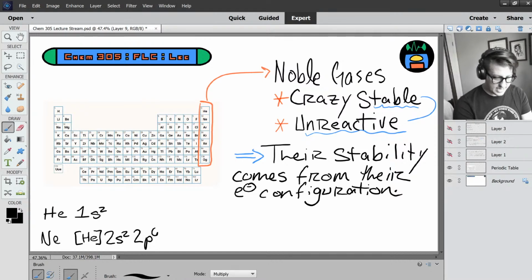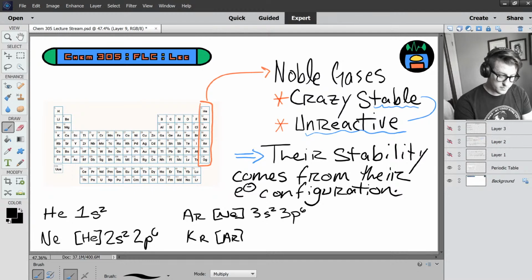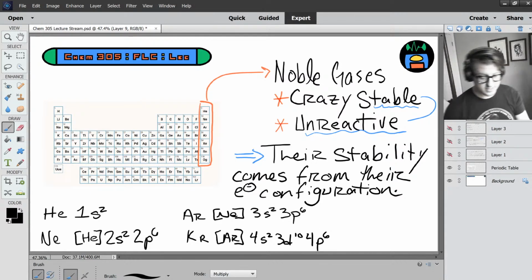If you look at argon, for example, we've got a neon core, and then it's 3s2, 3p6. If you look at krypton, we've got an argon core, and here we're 4s2, 3d10, 4p6. All right, every single one of these electron configurations has completely full shells, right?